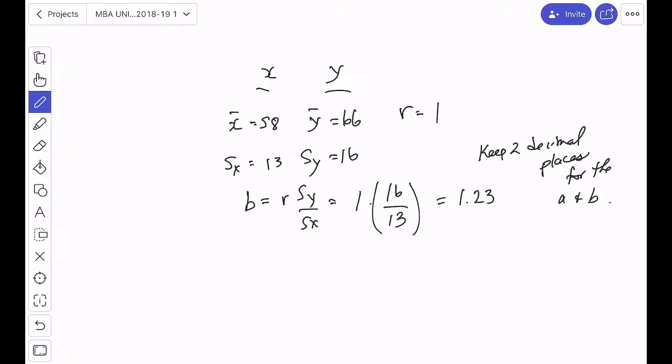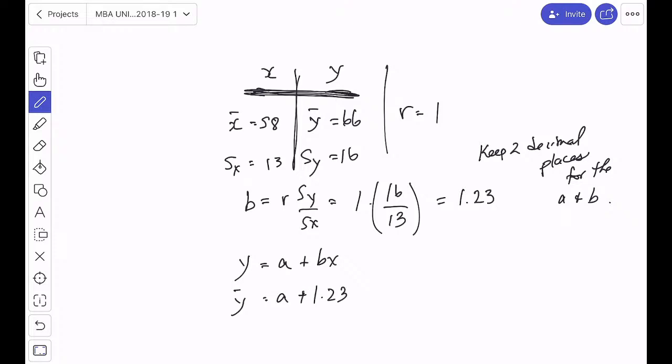Okay, and then we have the slope, and then all we need is A. To find A, we take our equation of the line and fill in y bar and x bar. And we also fill in B. So we can fill all those in and find A.